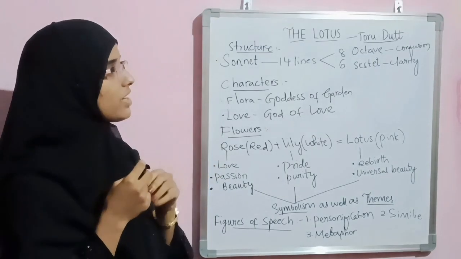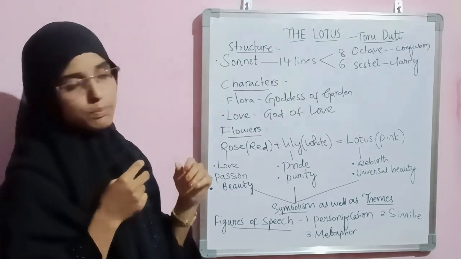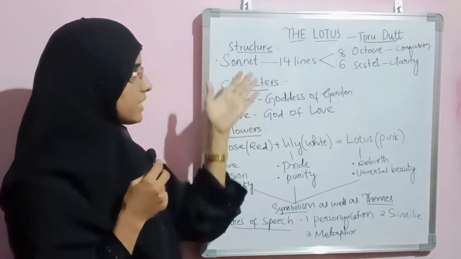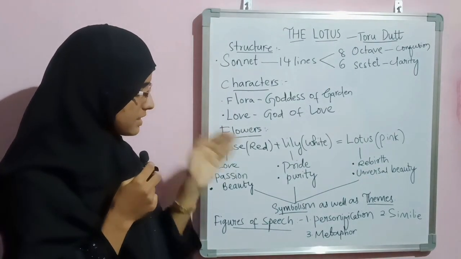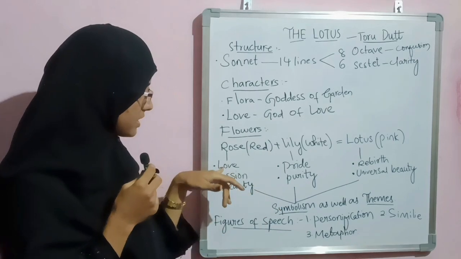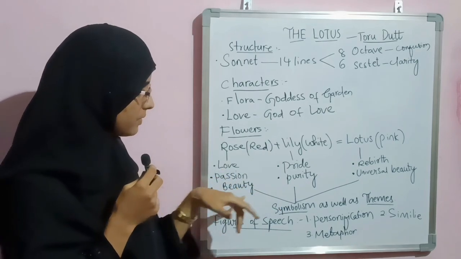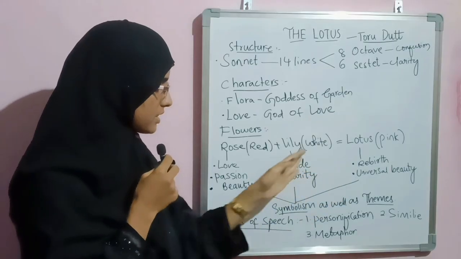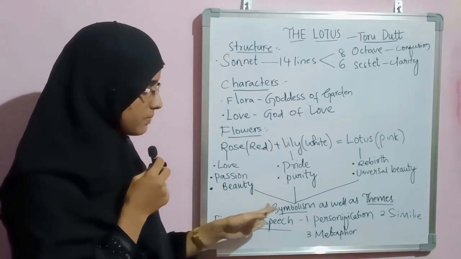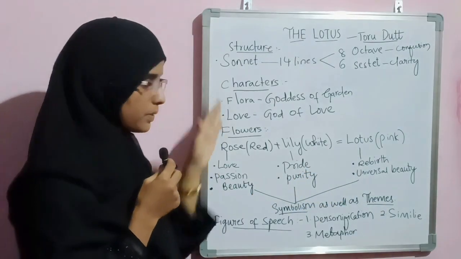This is how the lotus flower is formed in the Toru Dutt poem, and this is how the title of the poem comes out. And these are the symbols of this poem: love, passion, beauty, pride, purity, rebirth, universal beauty. These are the symbols as well as the themes of this poem.